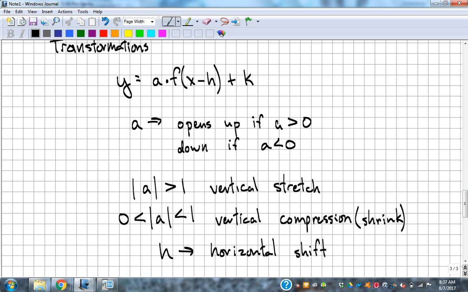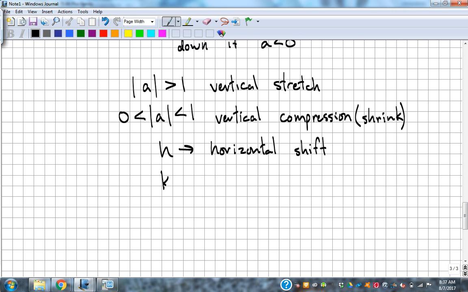If it were X plus 3, you would shift to the left 3 units. And we're going to see that as we go. Remember, it's the opposite on the inside, just like it was the opposite on the inside with the absolute value graphs. Okay? The K is going to be a vertical shift, up or down. It's going to move the graph up or down.